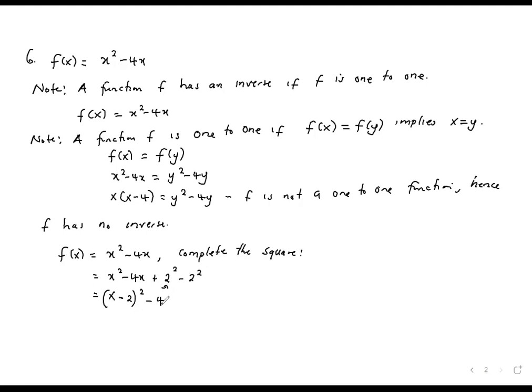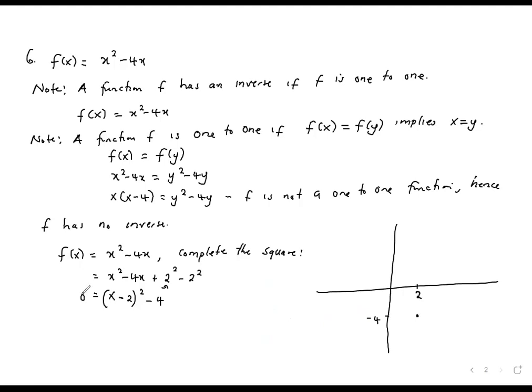Now, if you try to sketch this, it's saying at (2, -4) it will have a minimum turning point. So let me draw it. At (2, -4), it will have a minimum turning point.